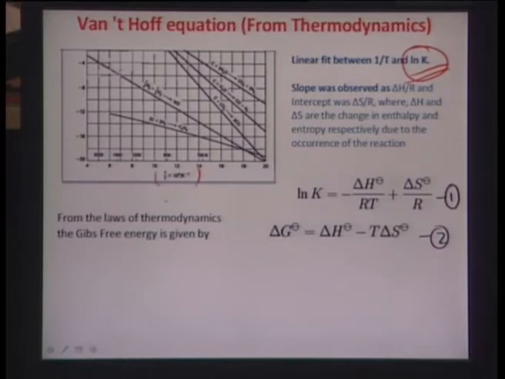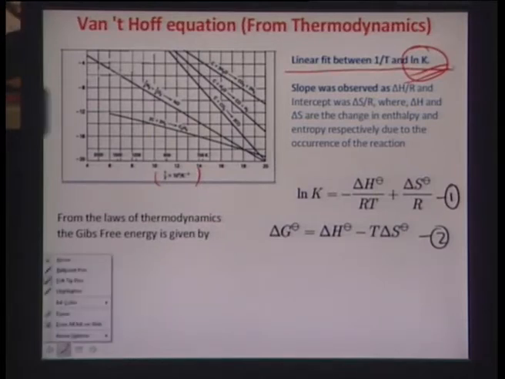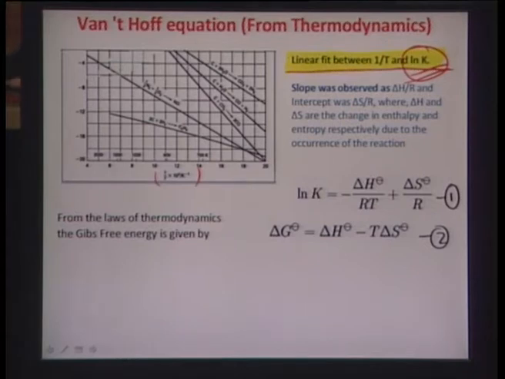And what he found is that there is a linear fit between the inverse of temperature and the natural log of the rate constant k, as has been calculated from Le Chatelier's principle. As there is a linear fit, you could express the two parameters, x and y, in the form y equals mx plus c. The question is what m and c would look like.